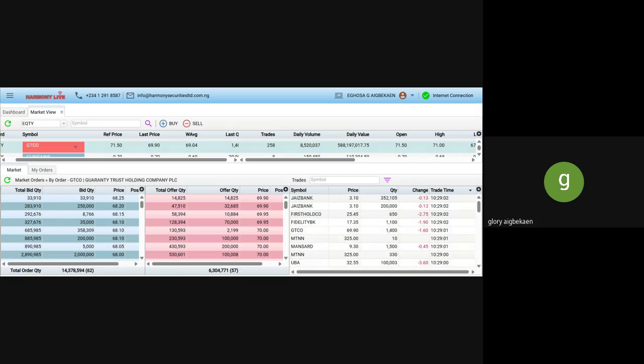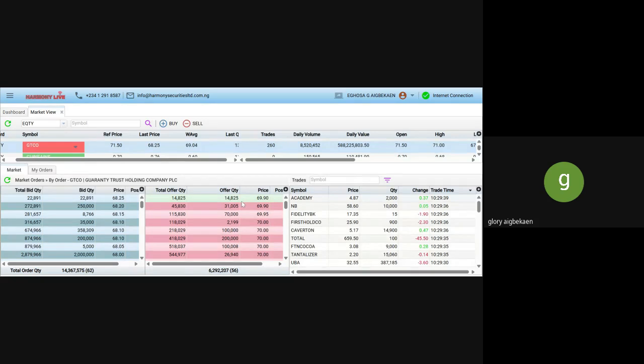So if we are there, you can look at the price that they are offering or bidding for this money. The best price that they are bidding is 68 naira 25 kobo. So the highest price they are bidding is 68 naira 25 kobo.